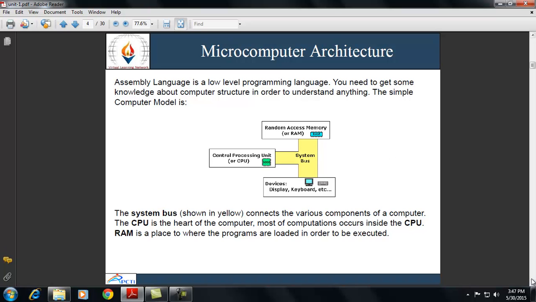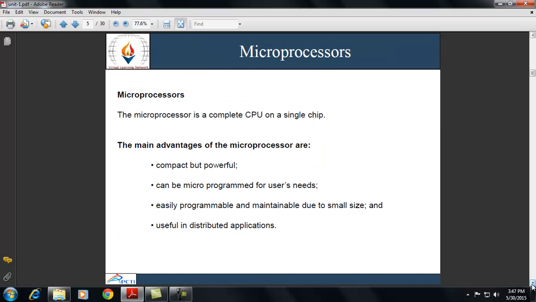If we talk about the microprocessor, then microprocessor is a complete CPU on a single chip, and the main advantages of microprocessor are: microprocessor is compact and powerful. It can be micro-programmed for users' need.